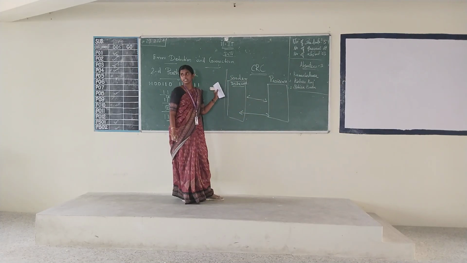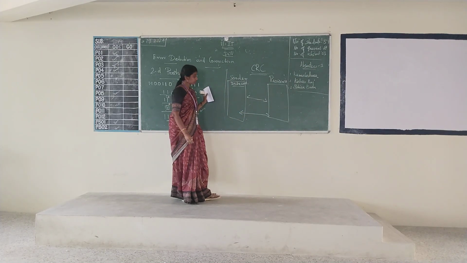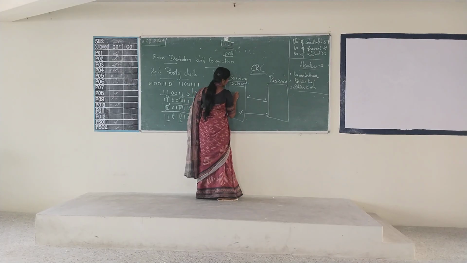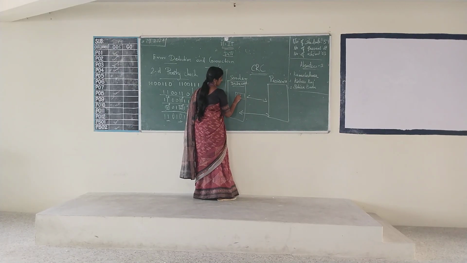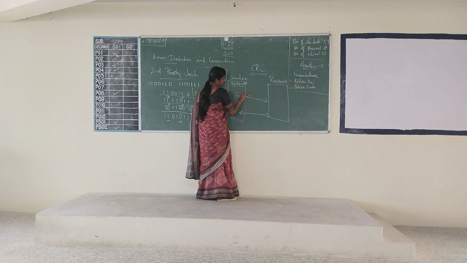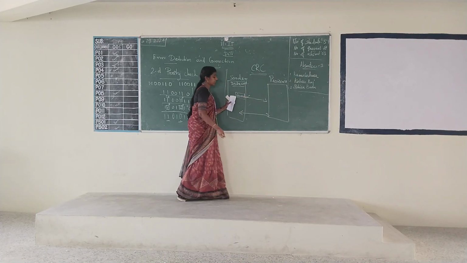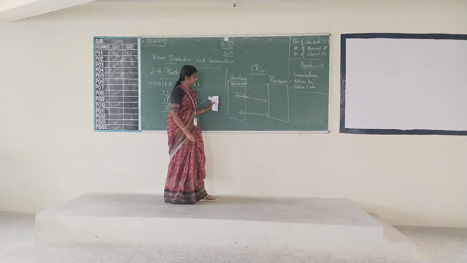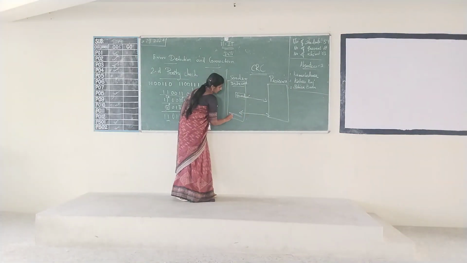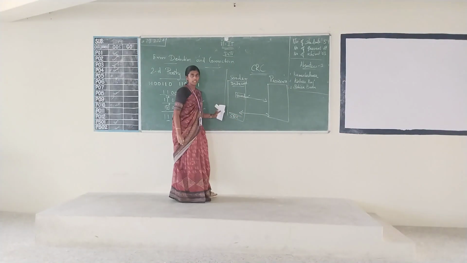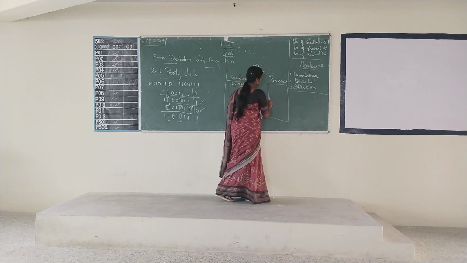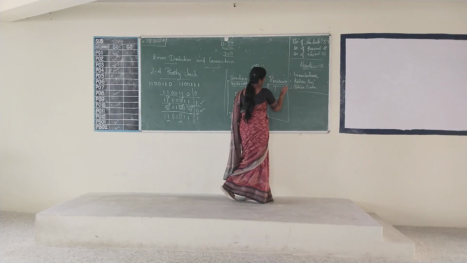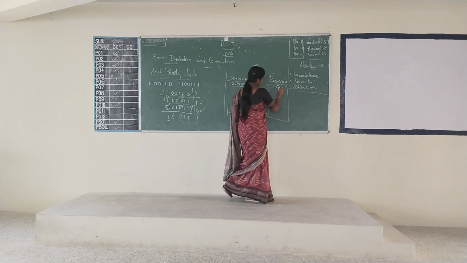So you have the data word and you form a code word. Here you have the generator and then here you have your CRC and the data will be transmitted and you have a checker here and your code word will be transmitted.